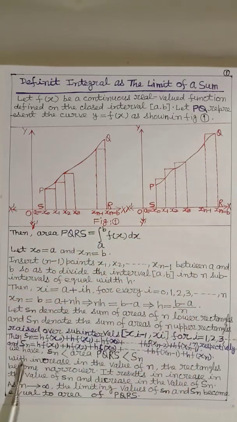So we have written here small sn less than area of PQRS less than capital Sn.